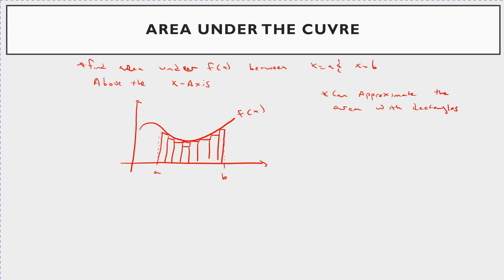Did a little bit of a misdraw on that one there. And what you would do is you would find the area of each rectangle. Then you would sum all those areas. And then this sum would approximate the area under the curve.